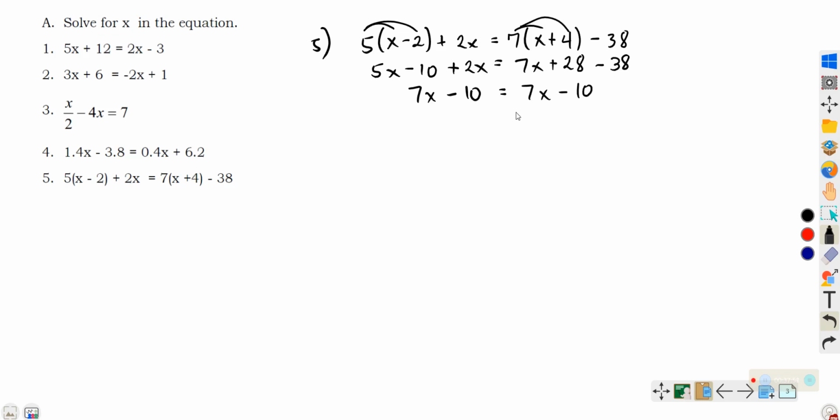Pag ganito po ang nangyari, pag nag-APE tayo, by the way, ang mangyayari dyan, 0 is equal to 0. In that case, tatandaan nyo po, pag ganito ang nangyari, lahat po ng possible values ng x or lahat ng real numbers ay pwede nating gamitin na value ng x. Okay? Magiging equal lang siya palagi.